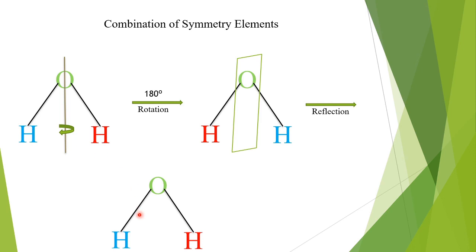The first one and the last one look the same. We have come back to the same orientation as the original one. So now we have to compare the first orientation and the last orientation.